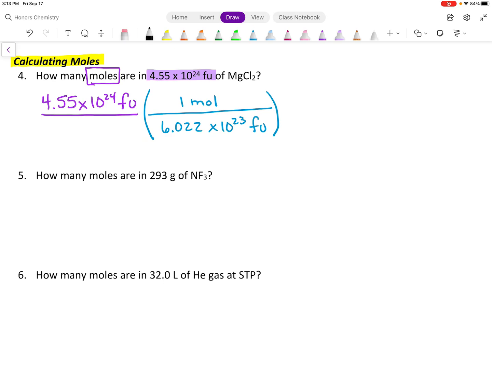That's it. We do the calculation. Make sure you are very careful with how you enter things in the calculator. For this one, for proper order of operation, you should get 7.56 moles of magnesium chloride.